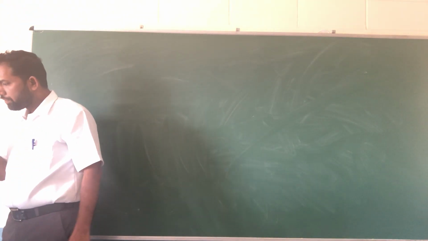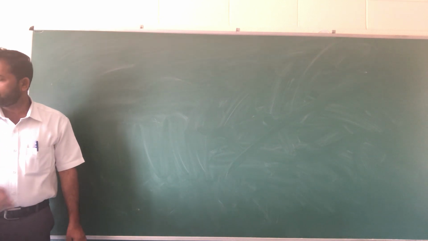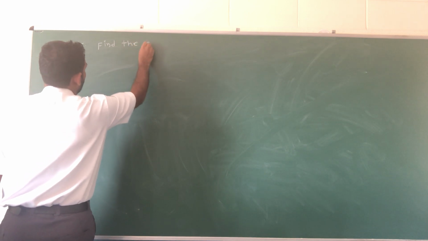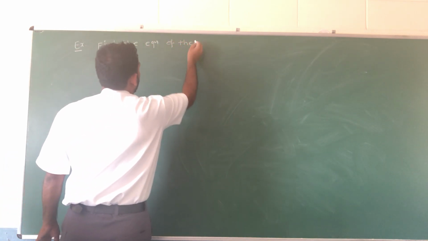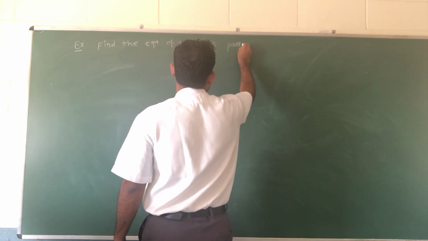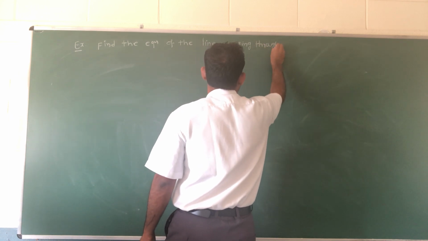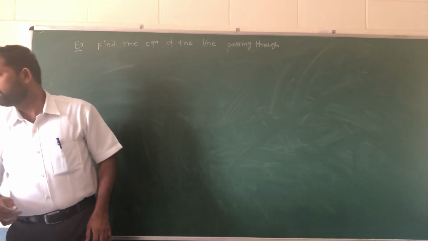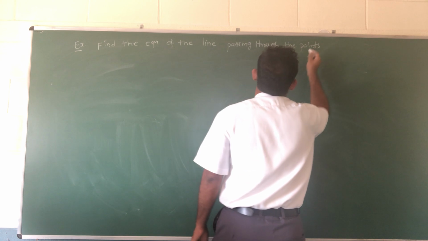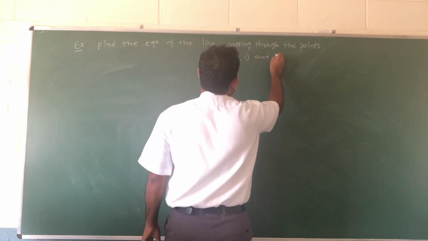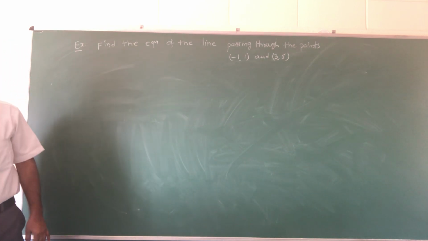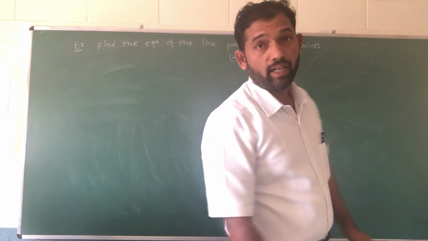Next one. Find the equation of the line passing through the points (minus 1, 1) and (3, 5).